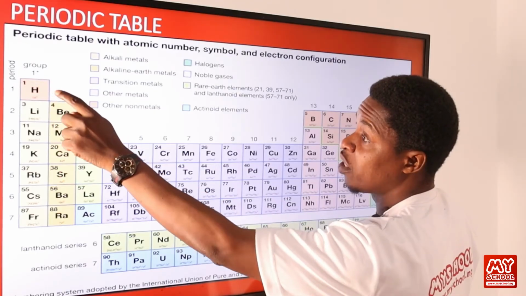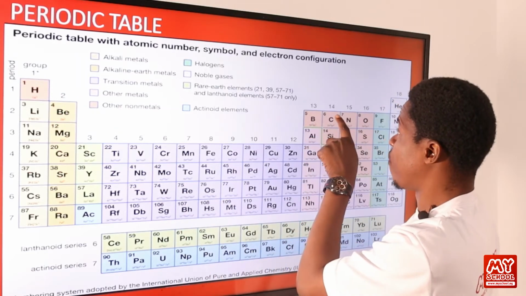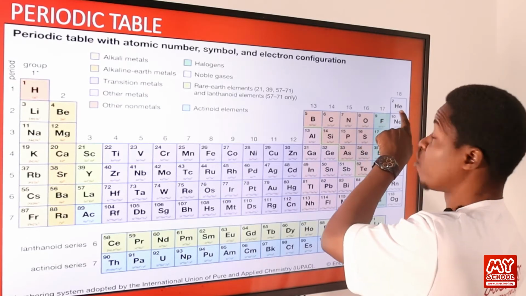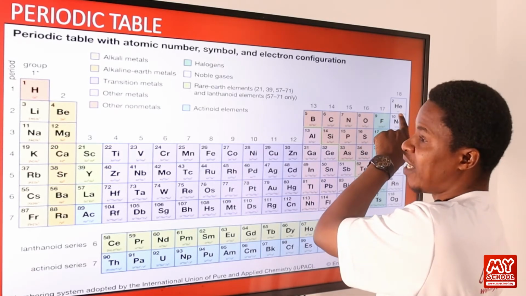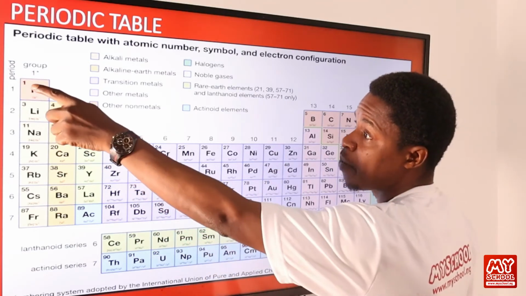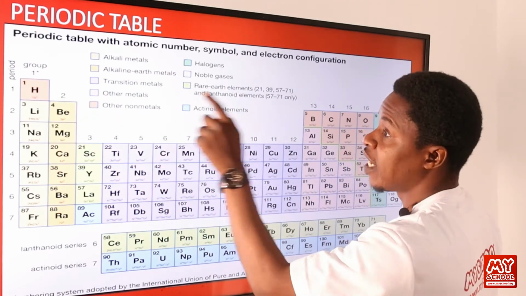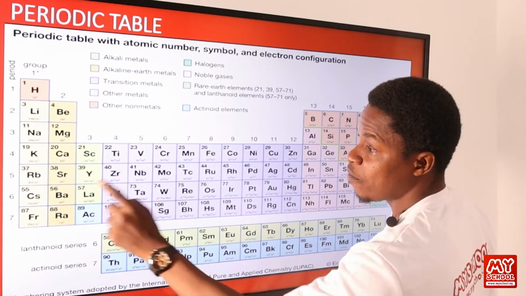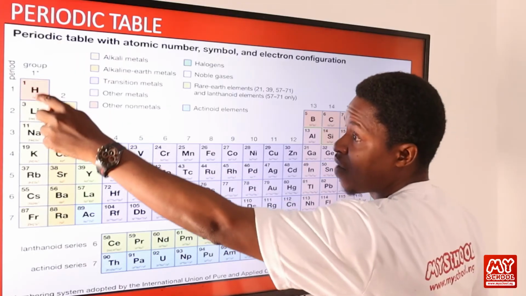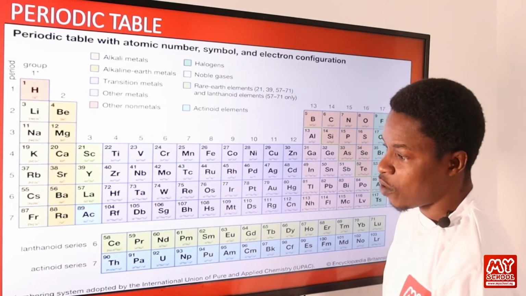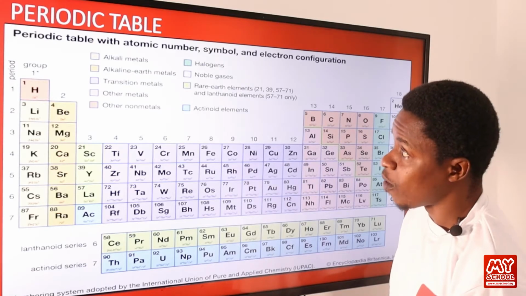So this becomes group 1, 2, then 3, group 4, group 5, group 6, group 7, and then group O or group 8. Just take note of the elements we have in period 1, period 2, period 3, period 4, period 5, period 6, and period 7, and those we have in group 1, group 2, group 3, and so on and so forth. So let's move on to the next slide now.